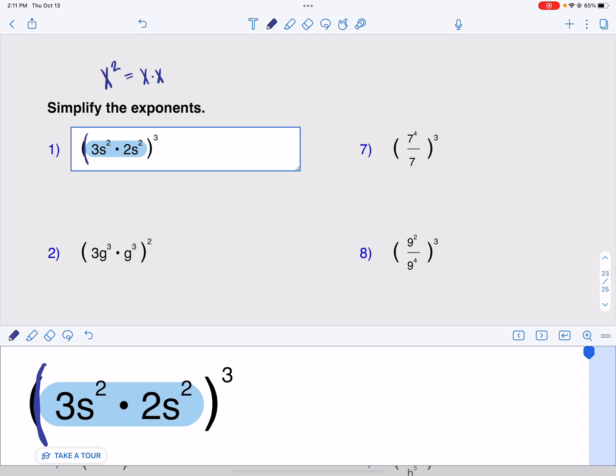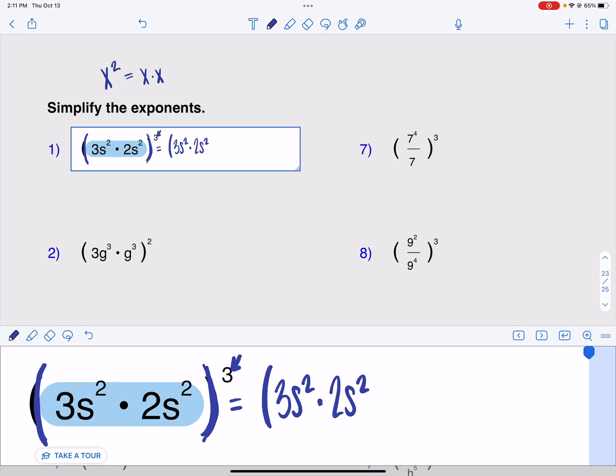The parentheses and the 3, just like x squared told me to write x 2 times, the 3 tells me to write everything in the parentheses 3 times. So I need a 3s squared times 2s squared. So that's 1.